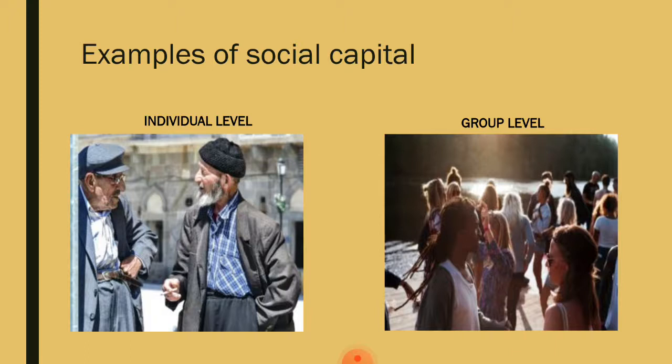Social capital can give us access to tangible and intangible resources, benefits, productivity, and savings. And this can be any form of capital. At the individual level, social capital is embedded in social relationships.